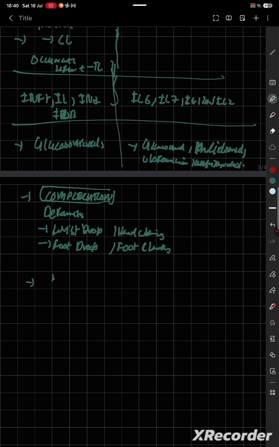Alright, done. Then you have the lab diagnosis of leprosy. First is staining.